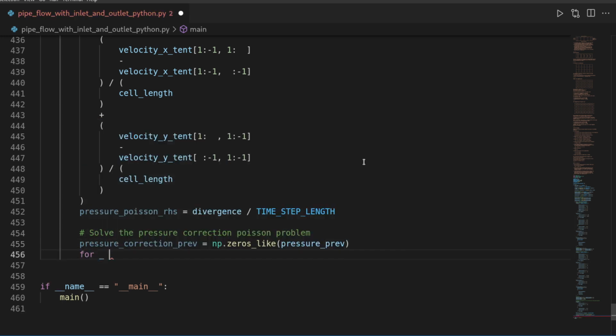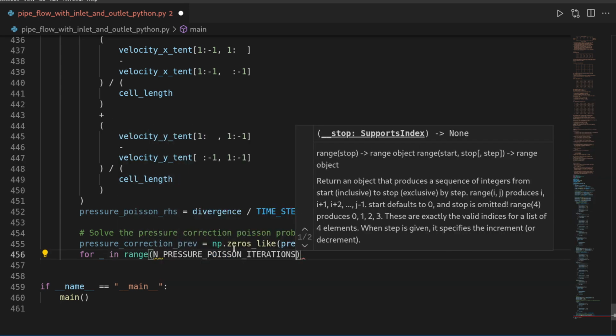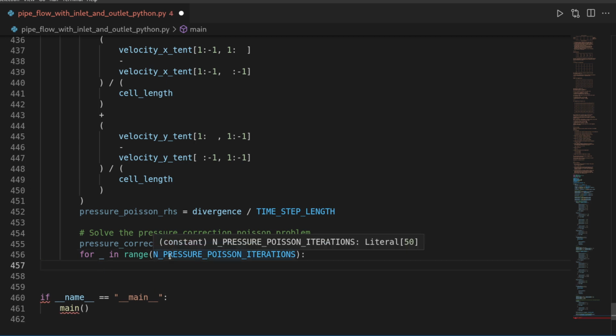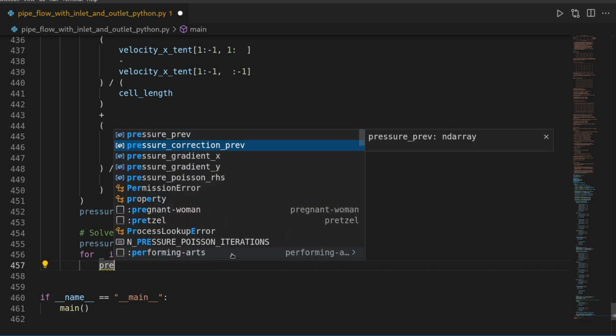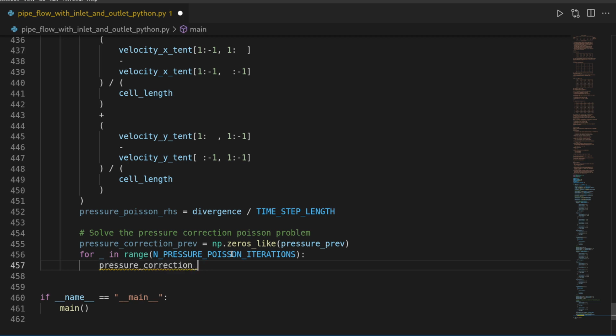And then we do some iterations. So I will just use an arbitrary variable name here, so underscore, in range of n Pressure Poisson iterations. This one was set to 50, so here we are doing 50 smoothing iterations in order to get our pressure correction. First, we will create a new pressure correction array, so pressure correction next, which is going to be a zeros-like tensor of the pressure correction previous.